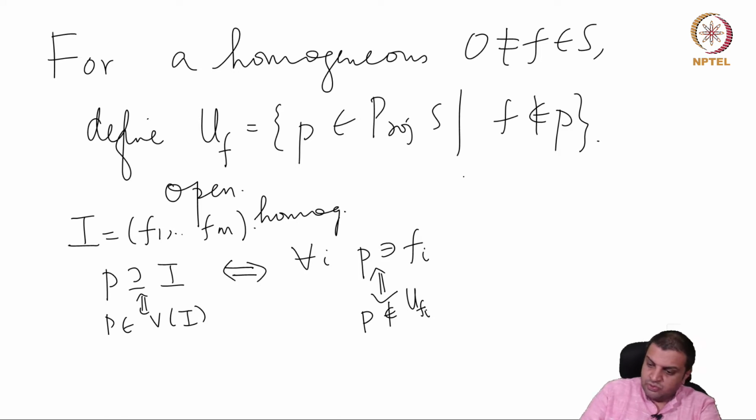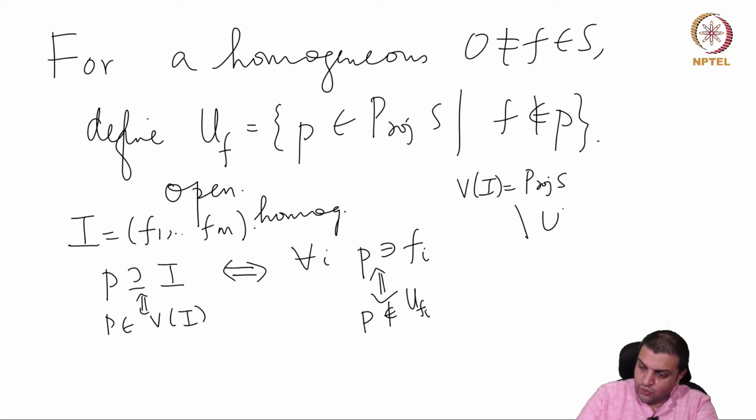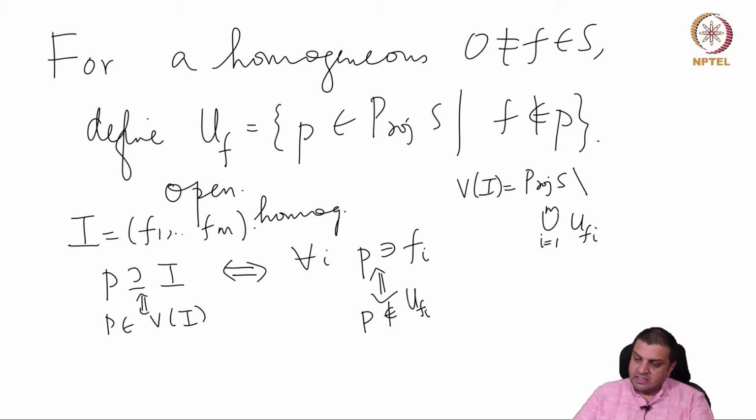Then V of I is Proj S minus the union of the UFi. So every closed set, or in other words, the open set Proj S minus V of I, is a union of these things.